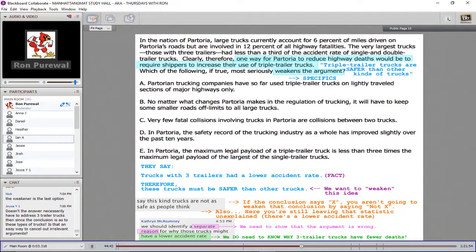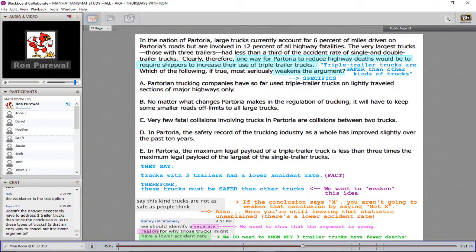Common sense should tell us the argument is wrong, because it should be pretty clear that 3-trailer trucks are not safer than 1 or 2-trailer trucks. But even if common sense explains that, we still have a statistic that is counterintuitive, and we still have to explain it.